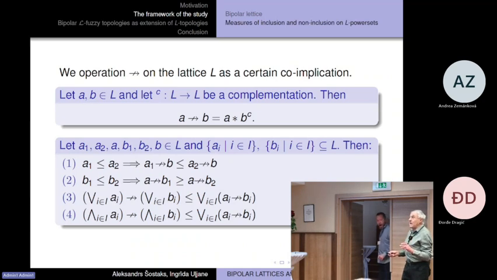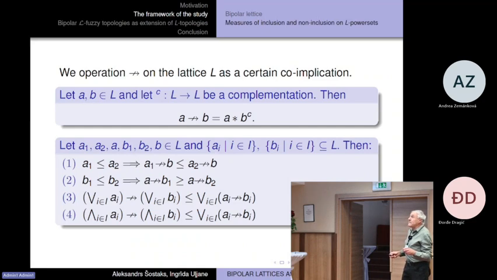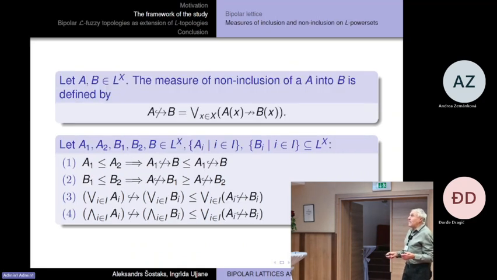It is defined like this: the star operation, the norm, complementation, and this is the idea that A doesn't imply B. And the properties of this one can also intuitively understand.